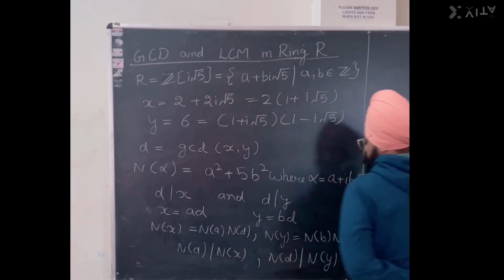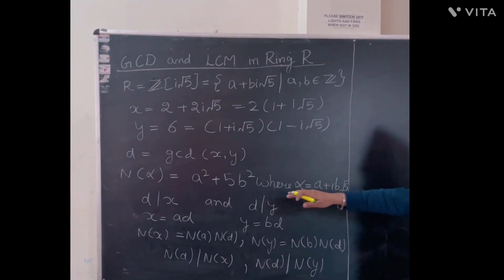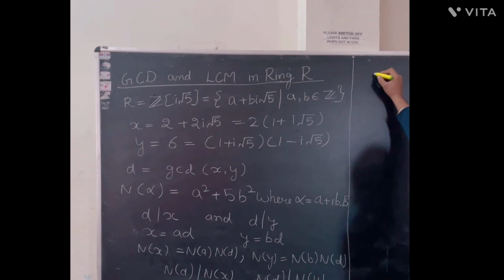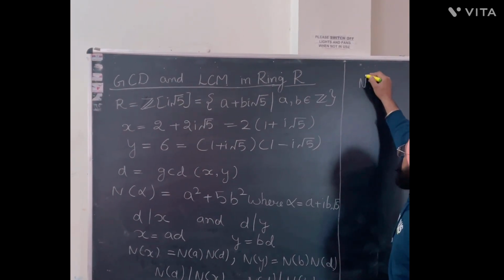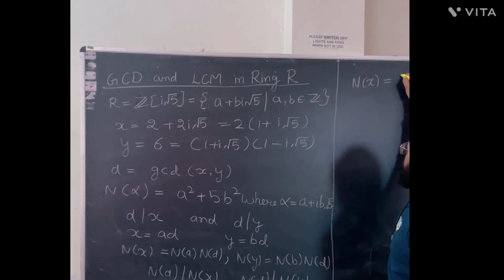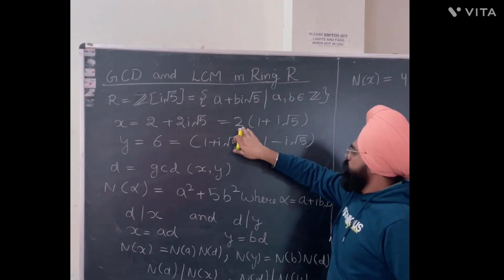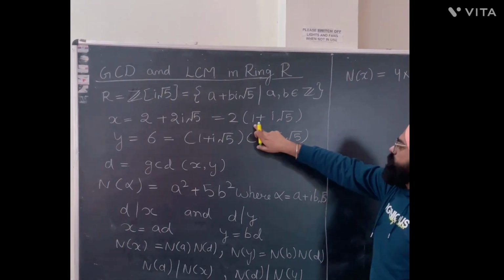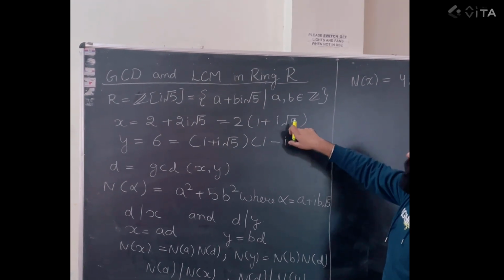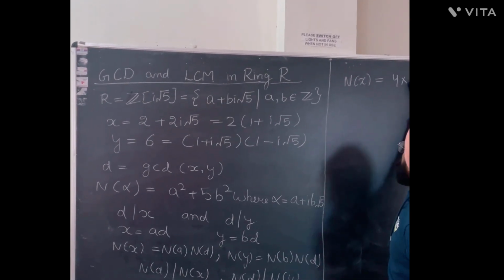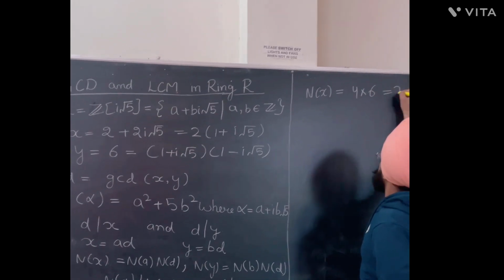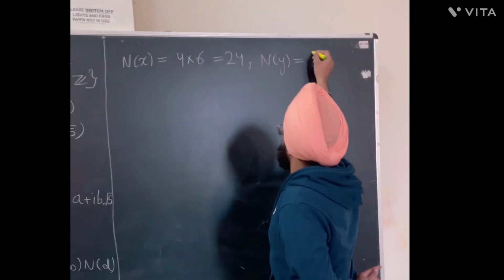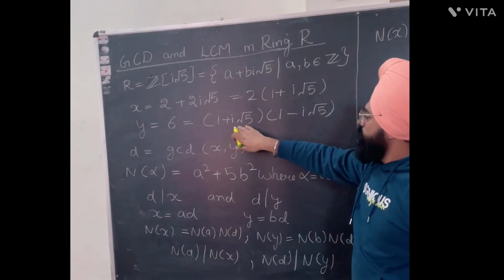So now we will find the norms of x and y. Since x is 2 into (1 plus iota root 5), norm of x by definition will be 4, which is 2 squared, into the norm of 1 plus iota root 5, which is 1 squared plus 5 times 1 squared, so 6. That is 24. Similarly, norm of y is the norm of the first component times the norm of the second.